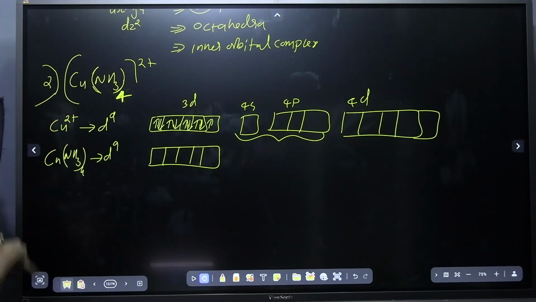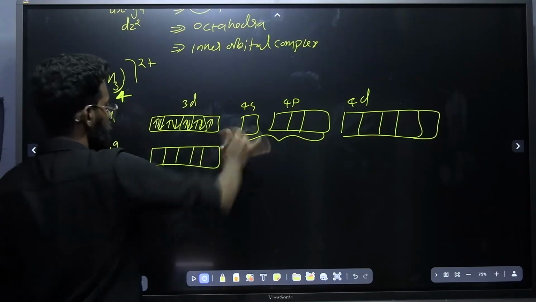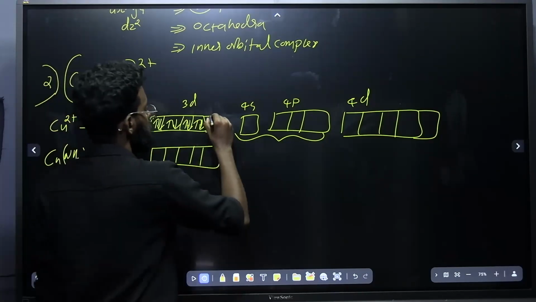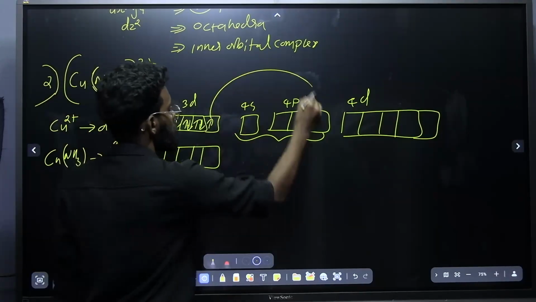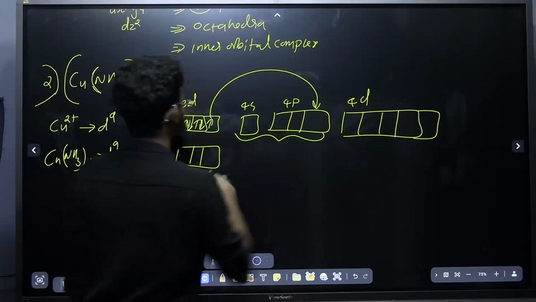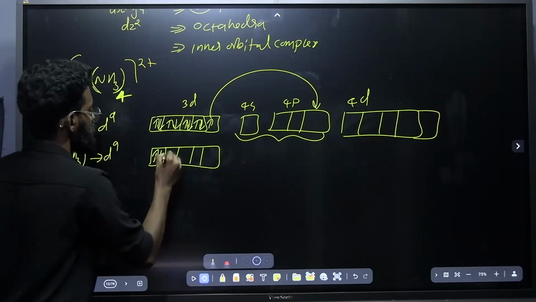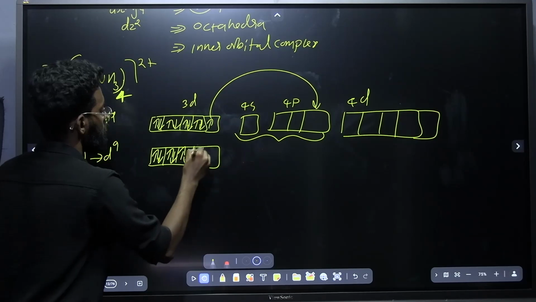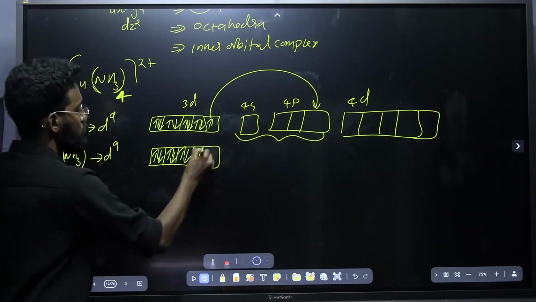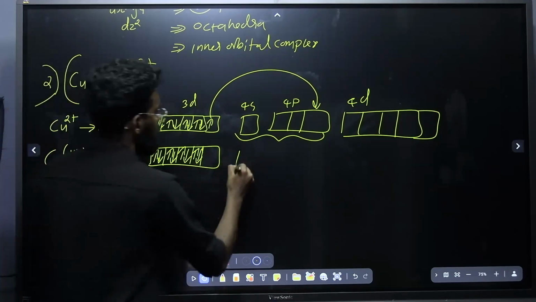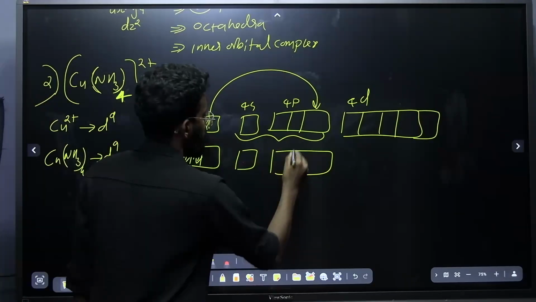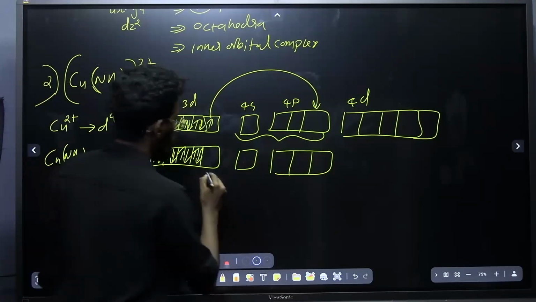But how can we explain that one? For that we use a theoretical way of explanation. That is, we will be jumping this electron to one of the p orbitals, and then we will be taking this d orbital and one s orbital, and among the 3 p orbitals 2 we will be using.